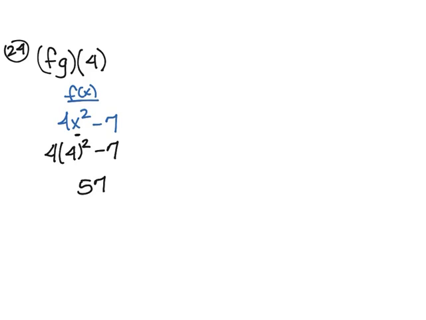And then the g function is x squared minus 5x minus 1. So where x is, we're going to plug 4 in here. And we're going to type this directly in our calculator.